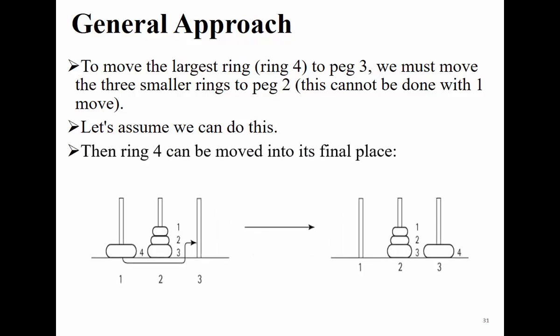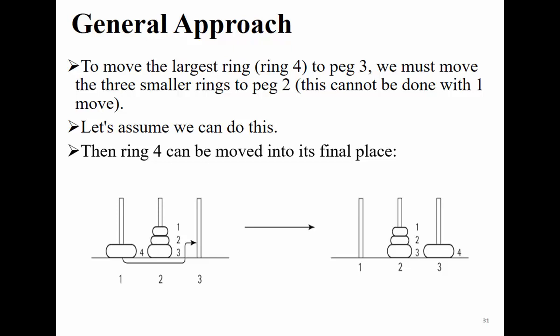So let us assume we did this task. These are 3 rings, and we take them all together as one move. You hold ring 3 and all of the rings on top of it, you take them and you put them on peg 2. Then the only movement you need is to move number 4 from 1 to 3.